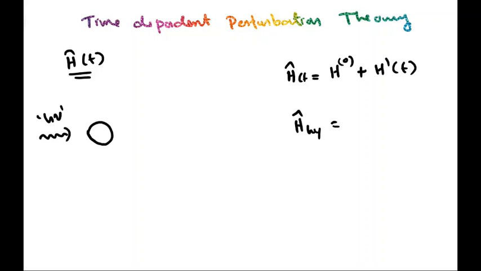Okay. So before the incident radiation has any effect on the hydrogen atom, I know the Hamiltonian of the hydrogen atom, which has a potential energy as well as kinetic energy. This is something that is known to us.